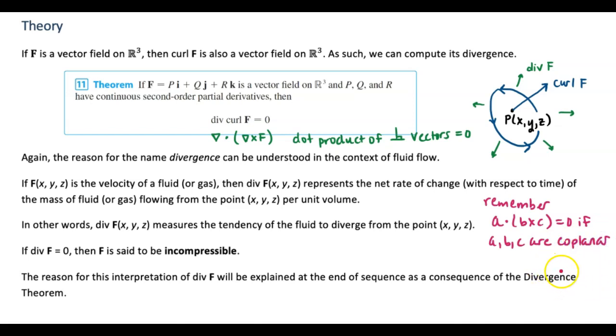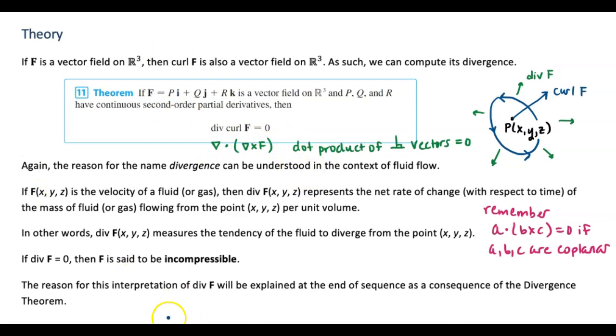We're kind of saying the same thing here, that if this function exists in 3 dimensions, and P, Q, and R have continuous second order partial derivatives, then the divergence of the curl is equal to 0. When the divergence of some vector field is equal to 0, then F is said to be incompressible. Again, we're going to talk about this more when we talk about the divergence theorem, which you'll learn about later in this unit next week, I believe.